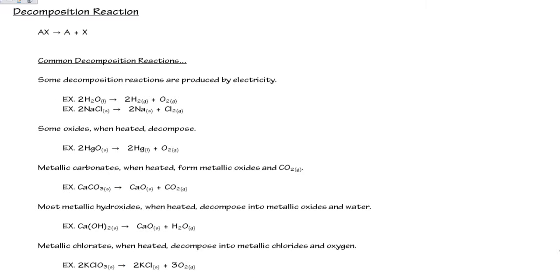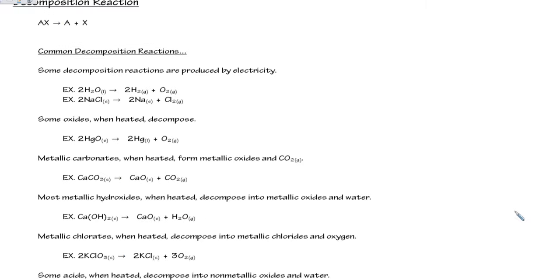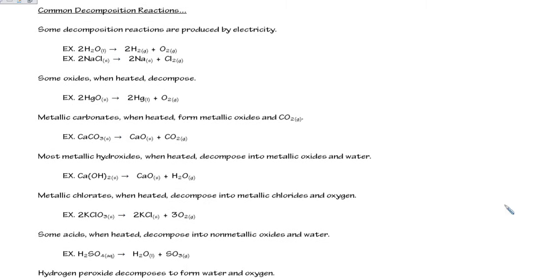If you can handle the synthesis, the decomposition is just the opposite, where I have one reactant breaking apart into multiple products. And again, some of these would be easy things that you could have done in a first-year course. The binary compounds like water, sodium chloride, mercury oxide.